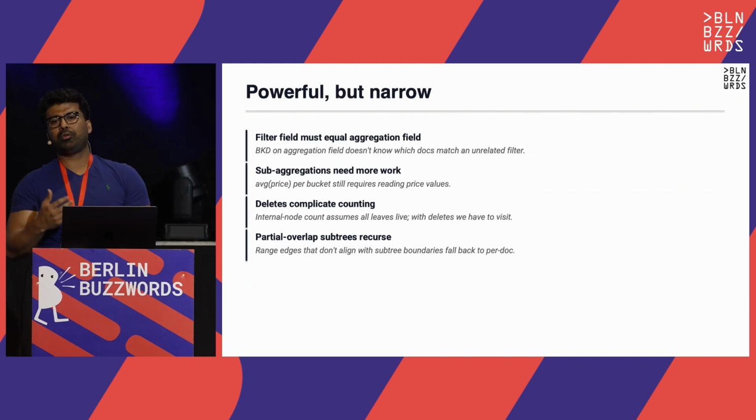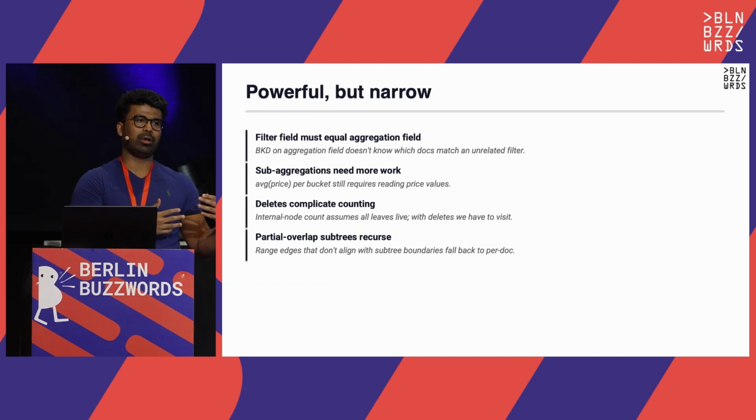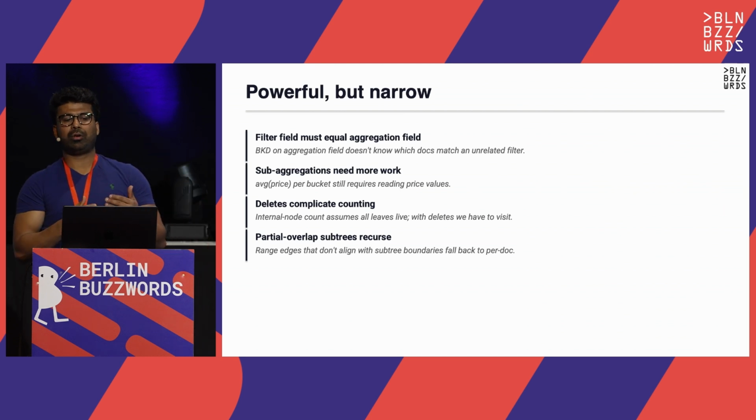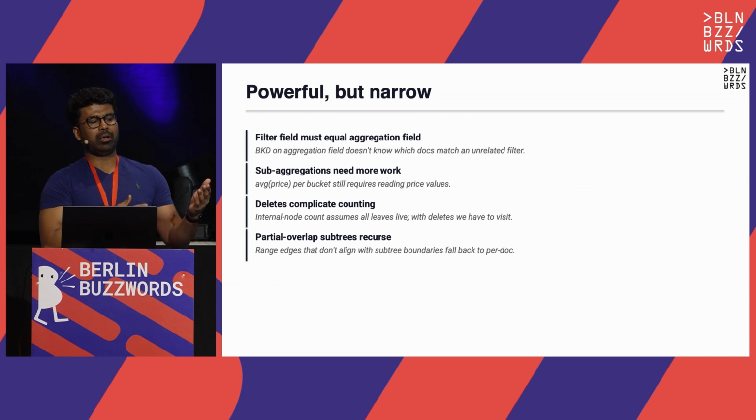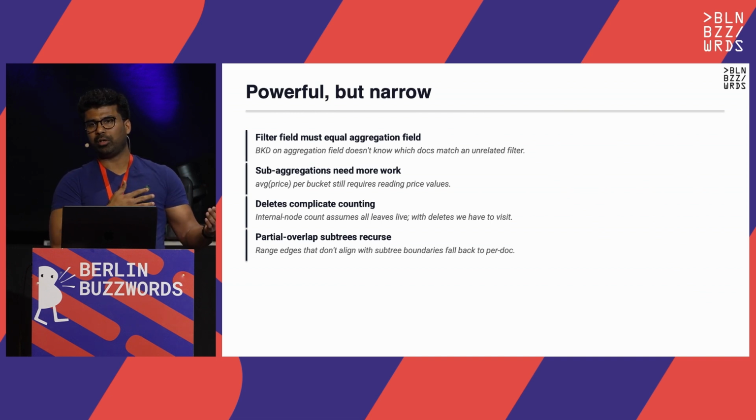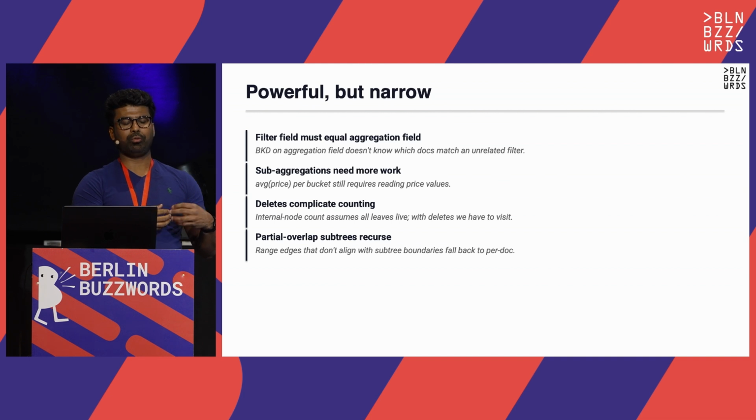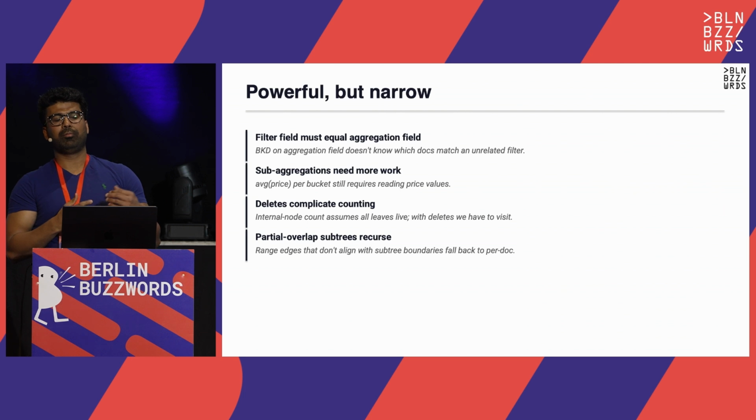But now let us say you have a filter as well. So you want to aggregate on the drop-off date time, but you are filtering on the cost of your trip. Something like that will not work well with this technique, because there is no correlation between the two fields. So you actually need to visit the documents and make sure that the filter criteria is satisfied.